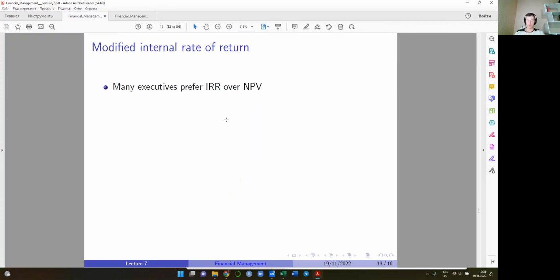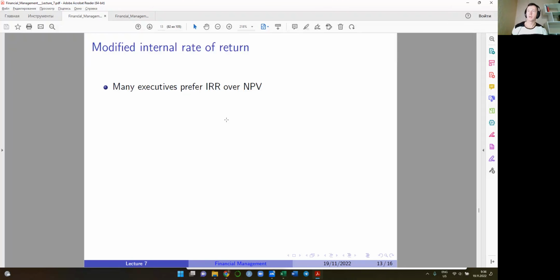The reality is that many executives prefer internal rate of return over NPV. I have seen in my professional life many people who really wanted to know what the return on their investment is. They don't care about monetary terms. They are reasonable. It's also a good question.